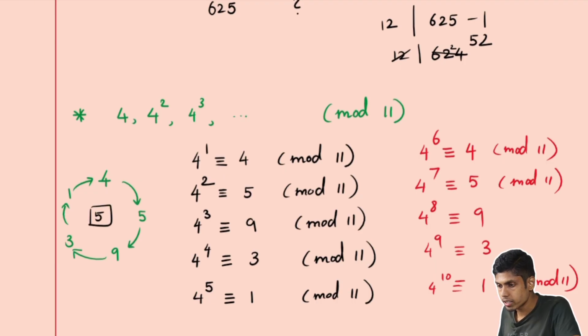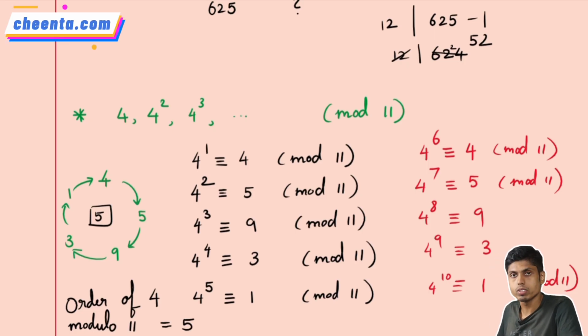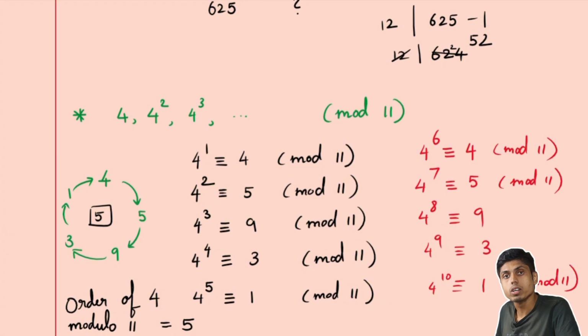So therefore, we say the order of 4, because we are working with powers of 4, modulo 11, because we find remainders when divided by 11, equals 5, which is the length of the cycle. Or in other words, it is the smallest exponent by which I have to raise the number 4 so that it is congruent to 1 mod 11.